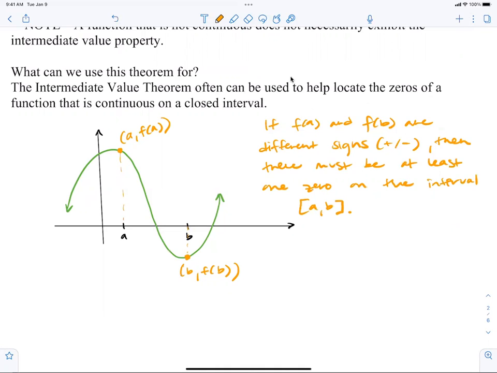Right, it would have to cross the x-axis at least once for those function values to be different signs. And you can kind of narrow or zoom in, making smaller and smaller intervals, to approximate where the zeros are.